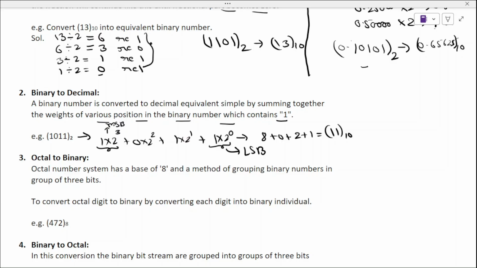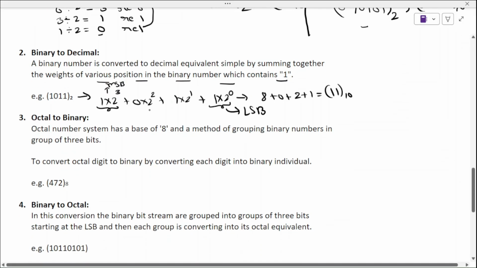Why is it called the most significant bit? Because this bit has the maximum weight in this number, which is 8. So this is the LSB and this is the MSB. So we can write 1011 in the binary number system as equivalent to 11 in the decimal number system.